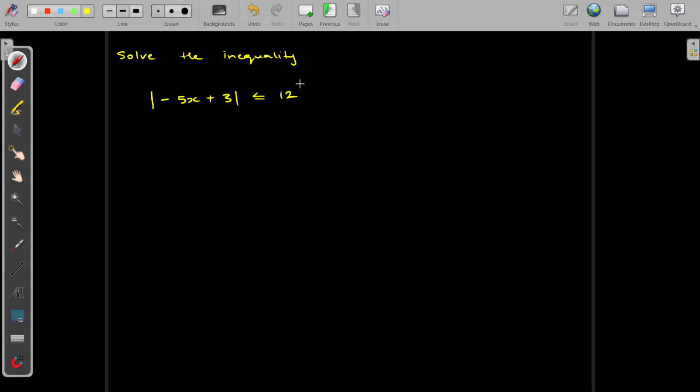And they say to us, solve the inequality. So looking at this, we must first assess what they want from us from this question. Based on what we just discussed, we know that if the modulus of x is less than the constant, we're going to have a joint solution set, right?